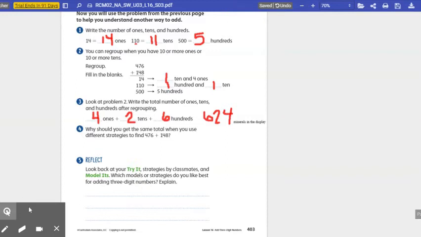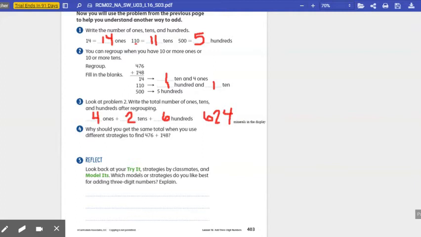Now let's look at number 4. Why should you get the same total when you use different strategies to find 476 plus 148? Go ahead and pause the video, and I want you to talk with that question out loud to someone: a stuffed animal, a pet, a sibling, a parent, someone. Talk this question out loud with them. All right, so let's talk about that.